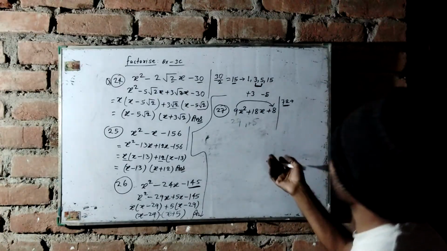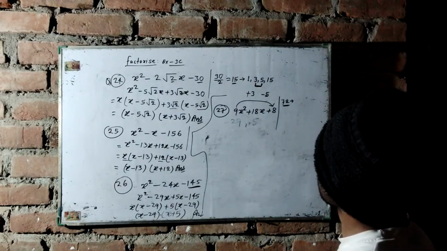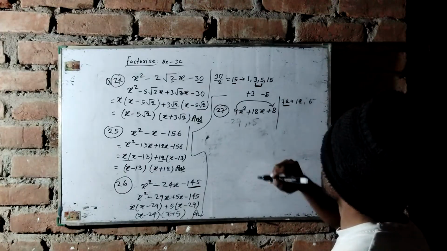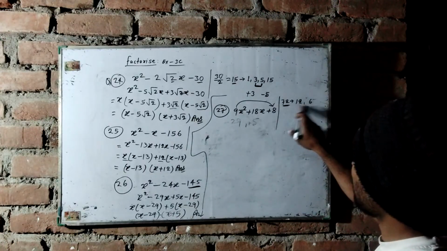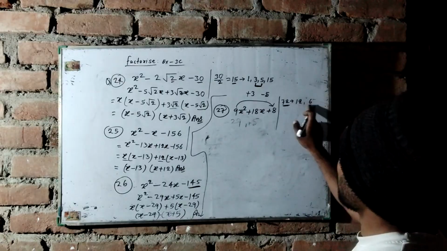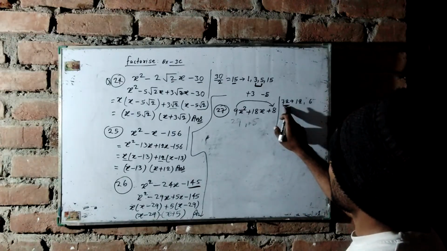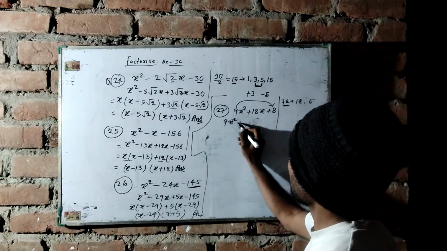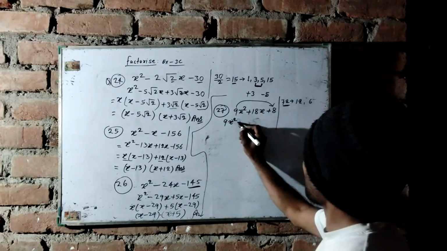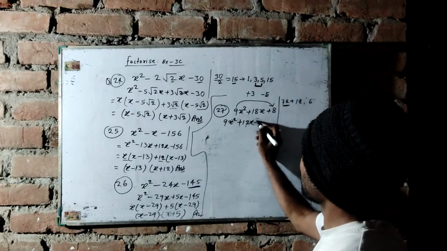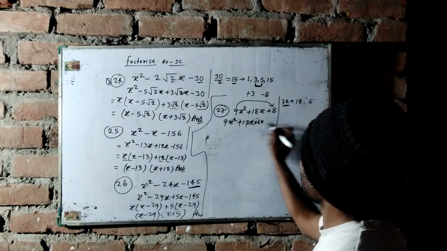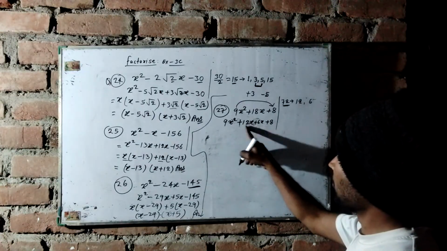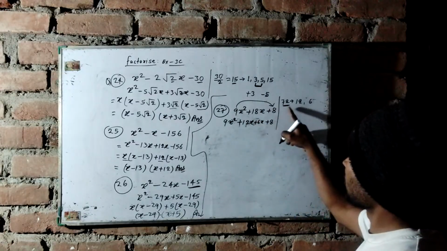Okay, we can find two numbers, 12 and 6, whose sum will be 18 and their product will be 72. So we can write this polynomial as 9x squared, and this 18x can be written as 12x plus 6x, and this number as it is, because their sum will be 18x and their product will be 72.